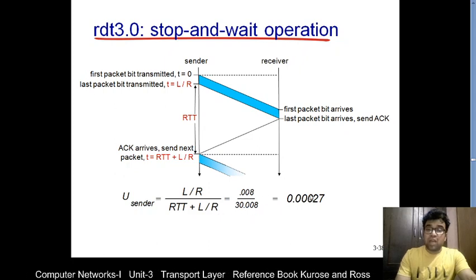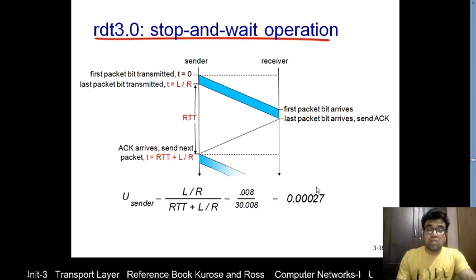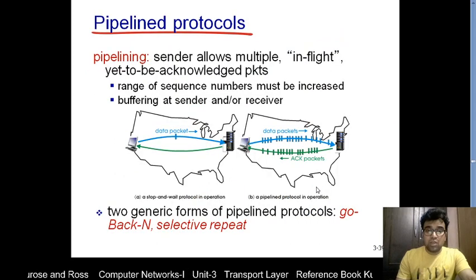So this will come out very small if you compare it with the advanced reliable protocols, which we'll see in our coming lectures, which are completely based on the pipelined idea.